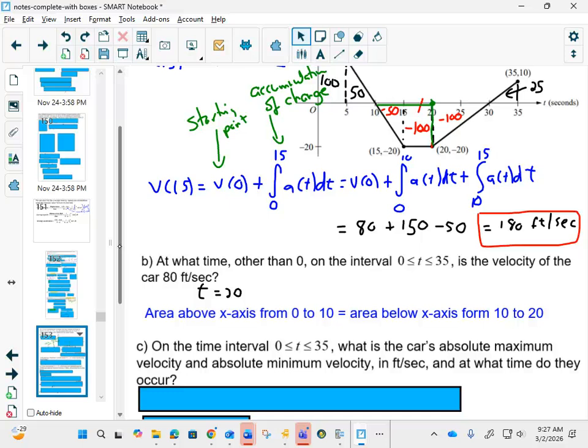Part C, on the time interval from 0 to 35, what is the car's absolute maximum velocity and absolute minimum velocity? Sounds like an extreme value theorem question. What do we need for an extreme value theorem? We would need continuous.